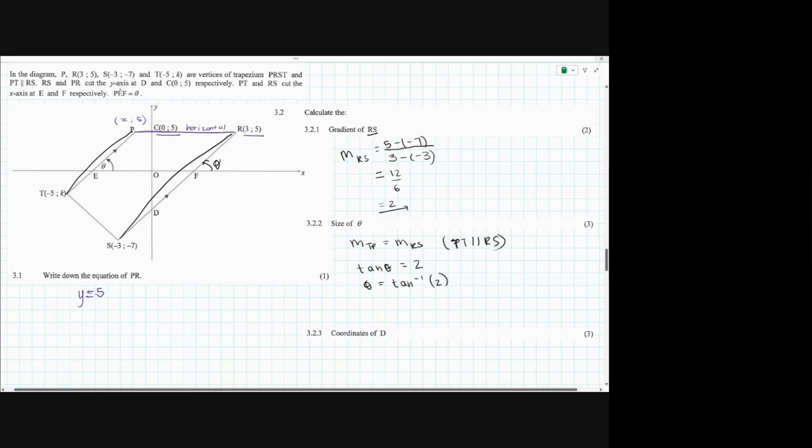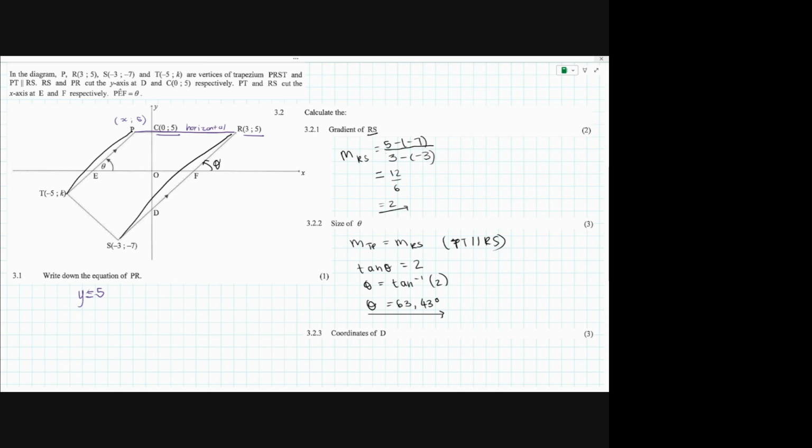I'm just reminding you that we would use shift tan, which is 63,43. Okay, and so we have theta. This was quite a nice angle of inclination question, very easy. It wasn't like that last one where we had to find the triangles and use geometry and all of that. What this was testing here was the fact that you knew that parallel lines had the same gradient.